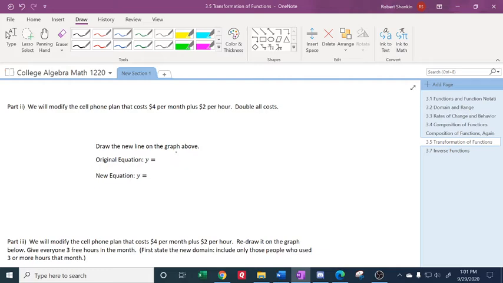Okay, how about group? Yes. Said y would equal 4x plus 8. So that's your new equation? Mm-hmm. All right, so the old equation was 2x plus 4, and the new equation is going to be 4x plus 8.